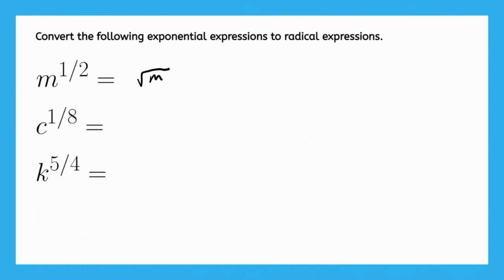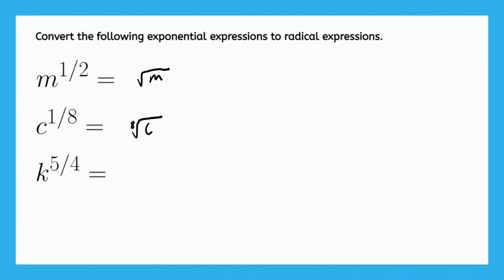What about c to the power of 1/8? The logic is exactly the same. Much like in the previous example, this numerator, this 1, will become the exponent on the variable inside the radical, and this 8 tells us that it's going to be the 8th root of c. Again, because this exponent is a 1, we don't really need to write it, and it's more typical to not write that 1, because it's already implied.